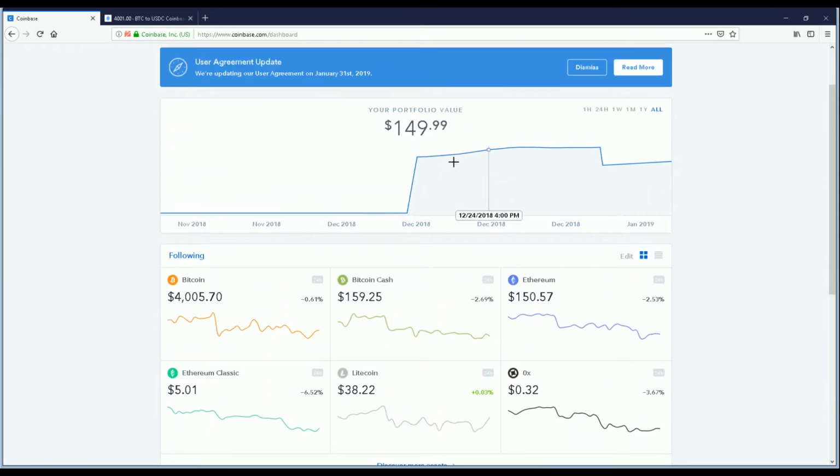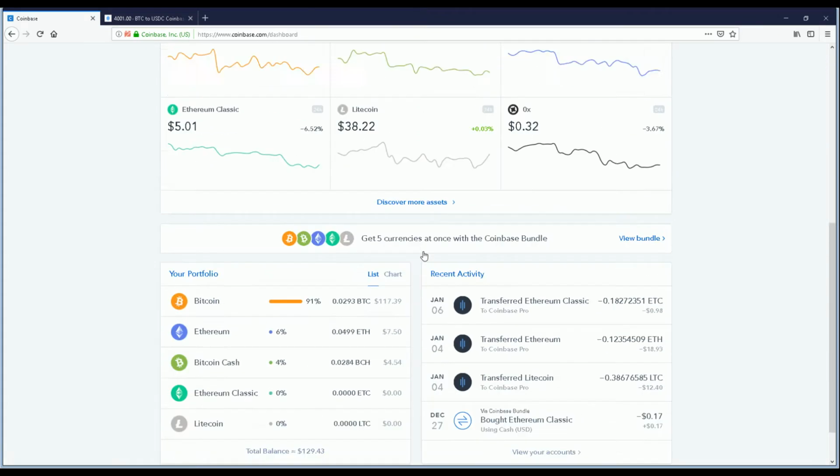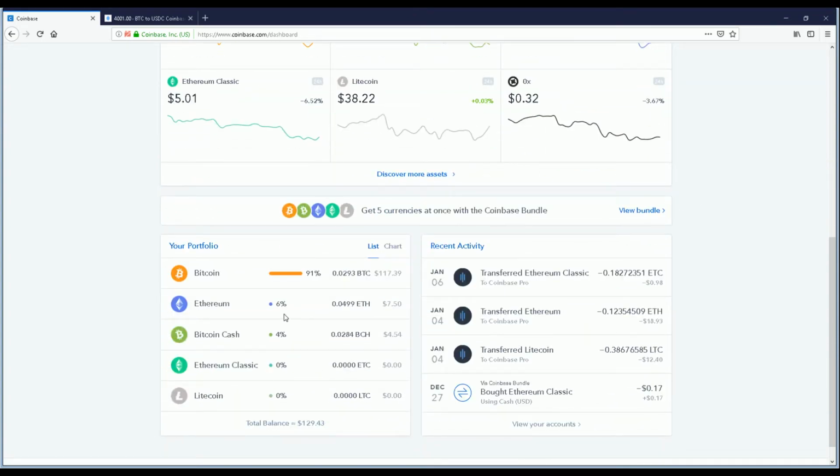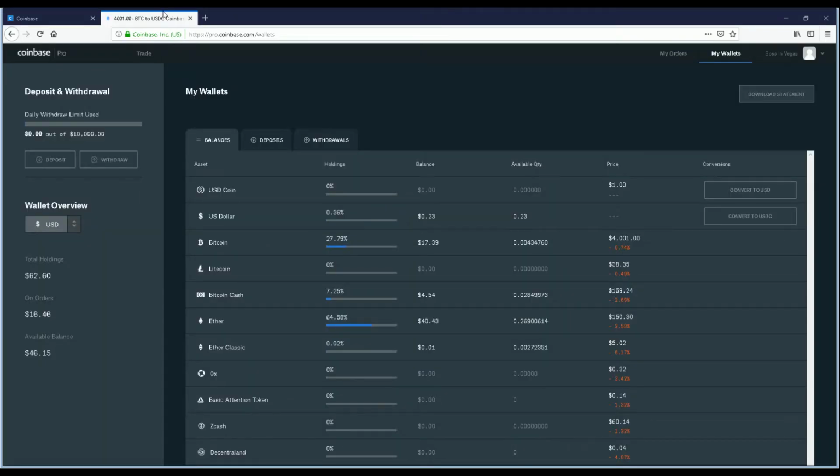But right now we'll just leave it. I think I transferred in just the Bitcoins, and that's what's remaining. Yeah, 117. I don't know why it's still showing here because I transferred these in earlier. So be careful of that because it could be confusing. These are actually transfers, so it should be showing those as 0 right now, unless I didn't transfer them, but I'm pretty sure I did.